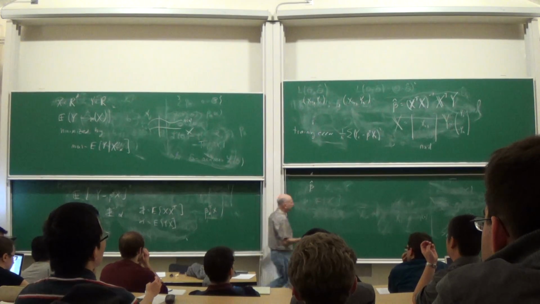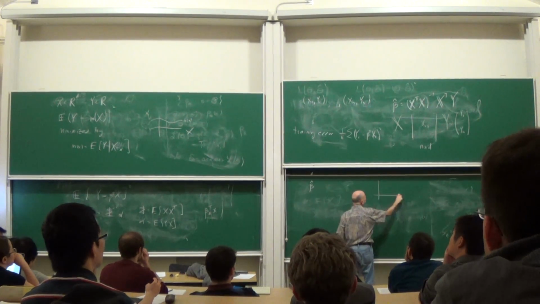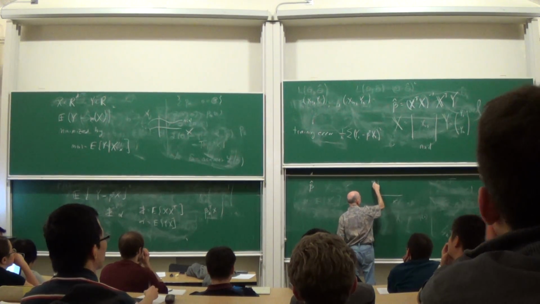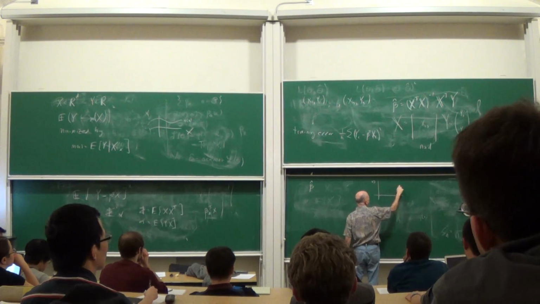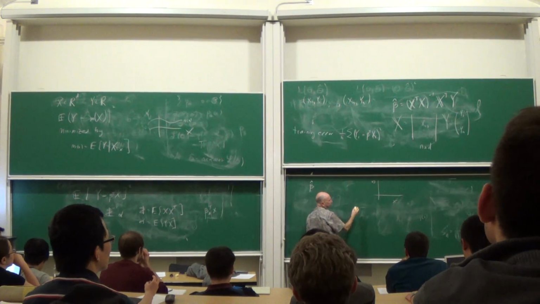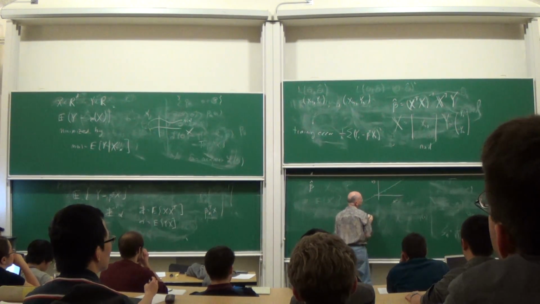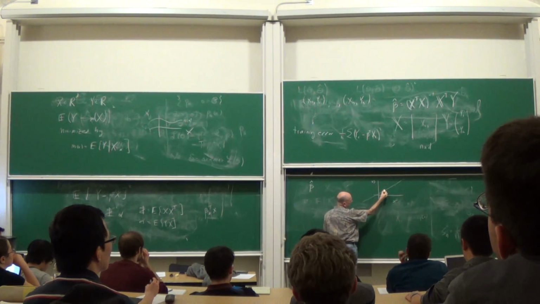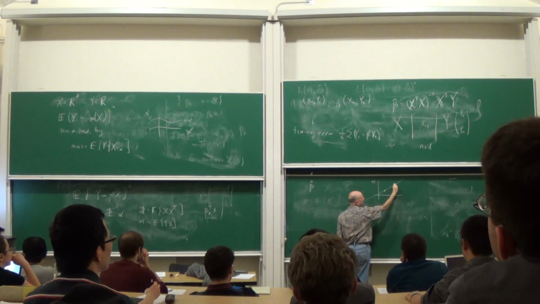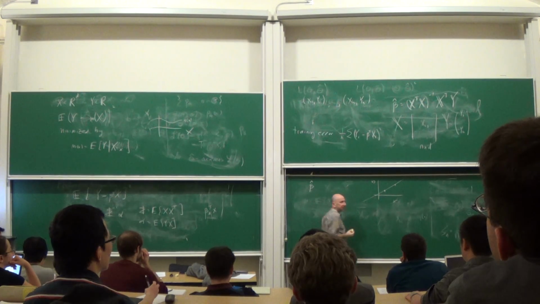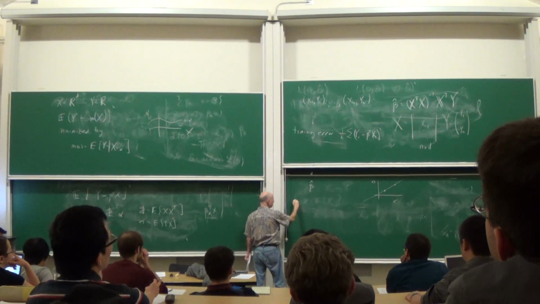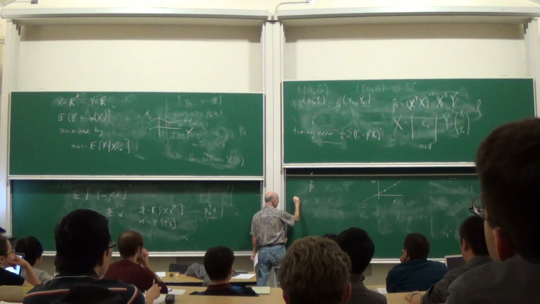So if I could, I'll just draw one dimension. Here's my data. What we're doing is basically fitting a line. And now at each of the observed x's, I can ask what the actual value is on that line. That's called the fitted value. So I can ask, what is y hat?